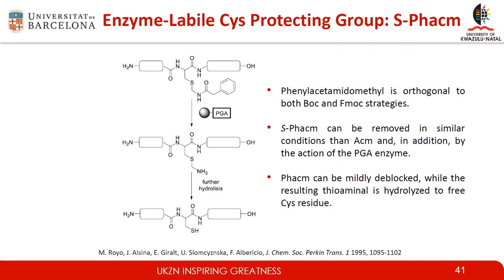In a joint collaboration we started before about that, we changed the methyl by the phenyl, and we developed the phenylacetamidomethyl protecting group that is orthogonal to both Boc and Fmoc strategies, and is removed similarly to the ACM. You can remove it with iodine, you can remove it with NCS, but you can also remove it with the PGA enzyme.